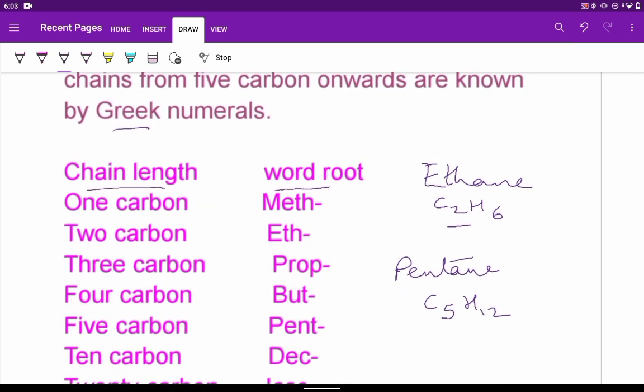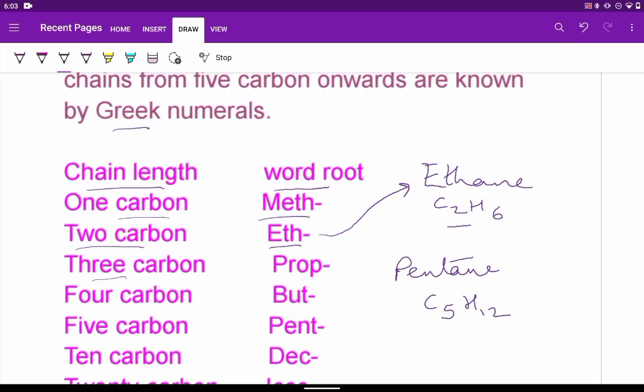If there is only one carbon, the word root will be meth, as we find in methane, CH4. If there are 2 carbons, the word root is eth. An example is ethane, C2H6. This ethane molecule has 2 carbons. It is an alkane, so its chemical formula is C2H6.